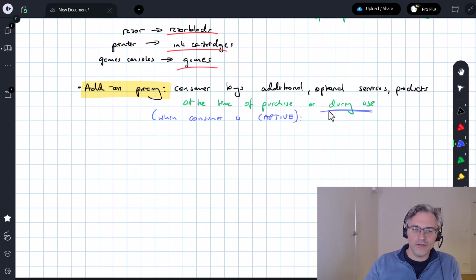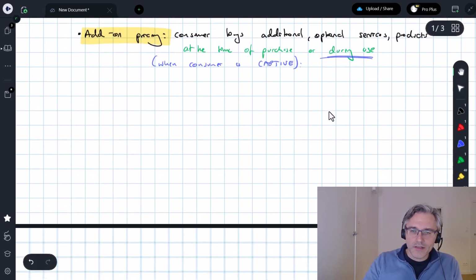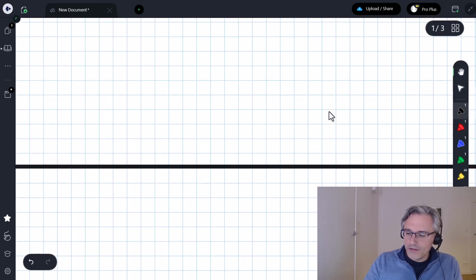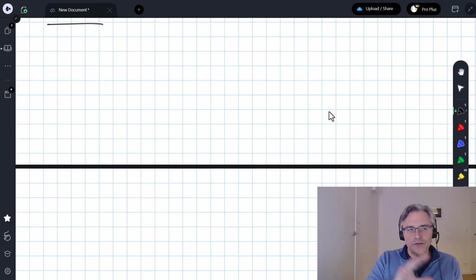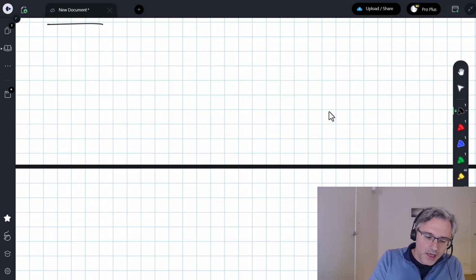That's sort of add-on pricing. Right. Another strategy, although this is not associated with selling complex or multiple products, would be penetration pricing.